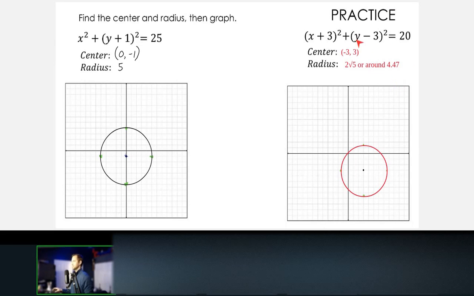All right. Who agrees with both of these answers? In other words, who got the same answer? Looks like some of you haven't responded.